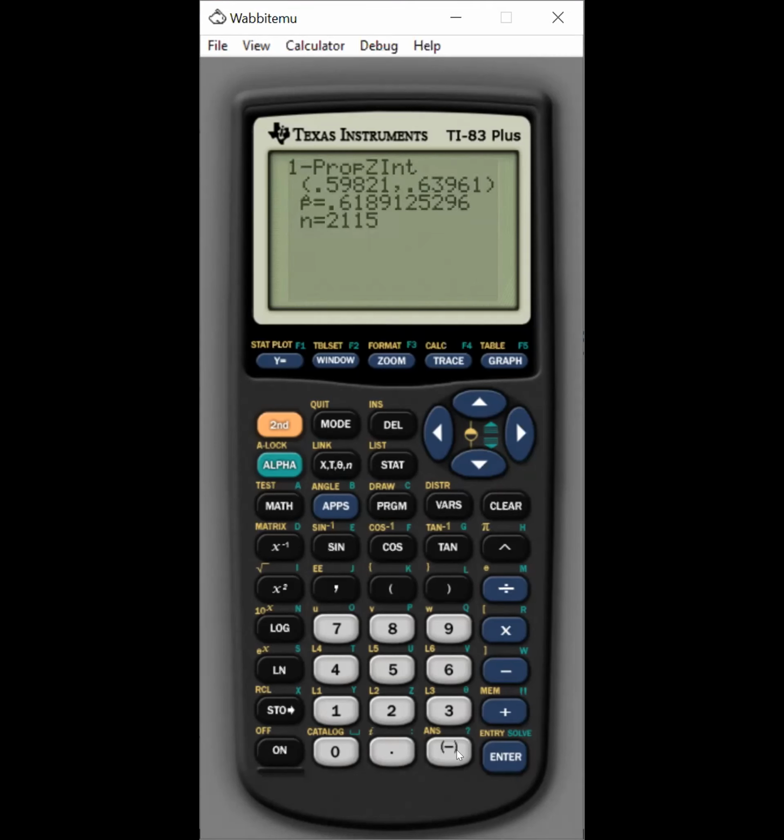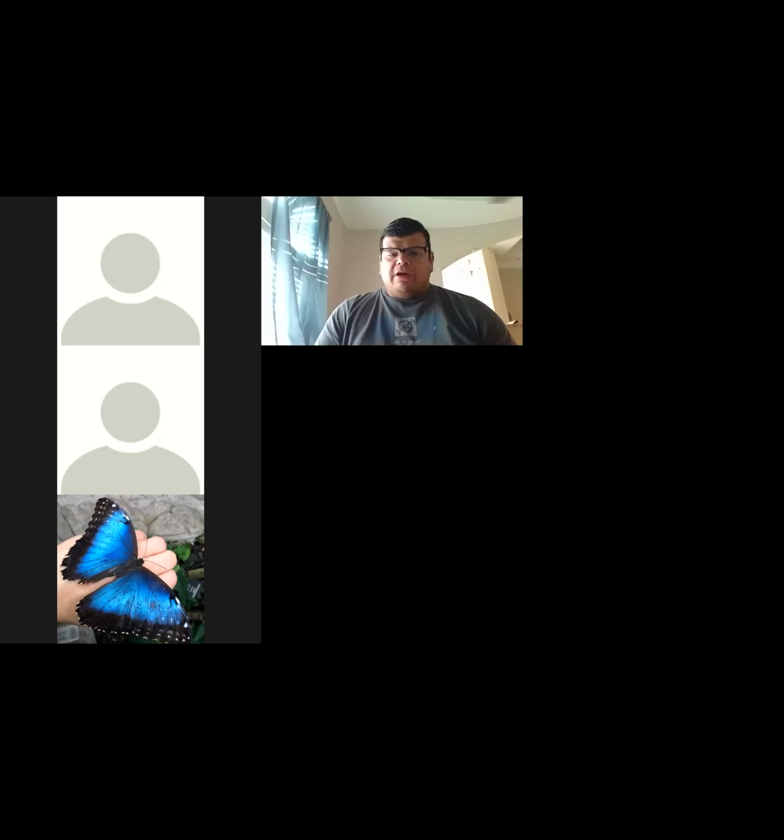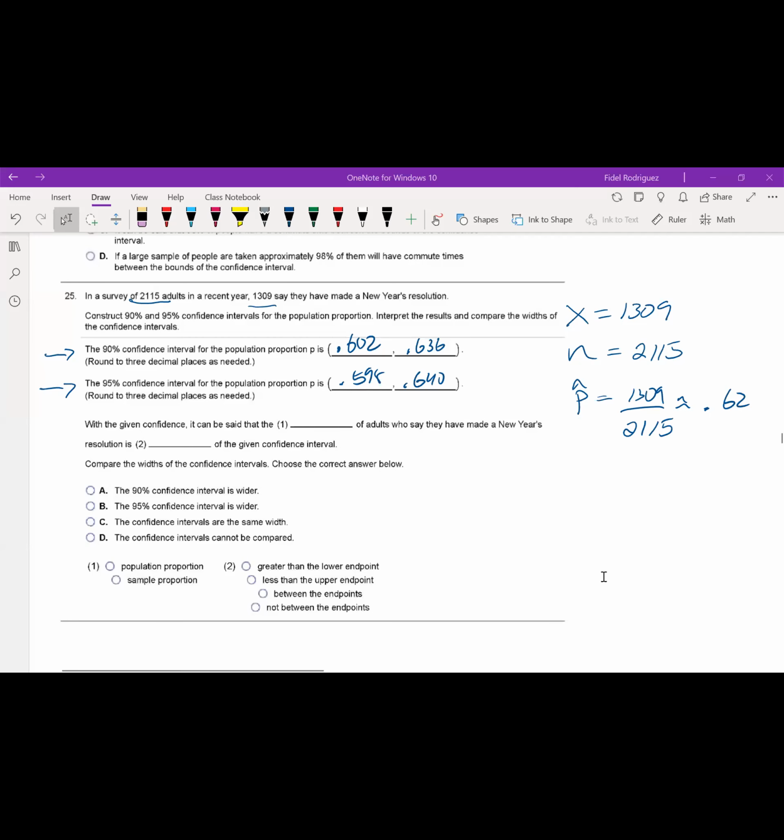And so the numbers that I'm coming up with now, to 3 decimal places, 0.598 and 0.640. Okay. And so now I can stop sharing this part and we'll come back to our notes. So I wrote those numbers in right here.